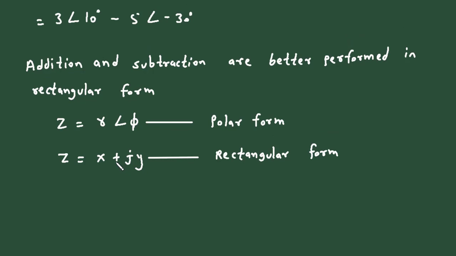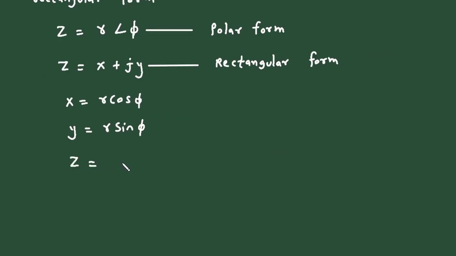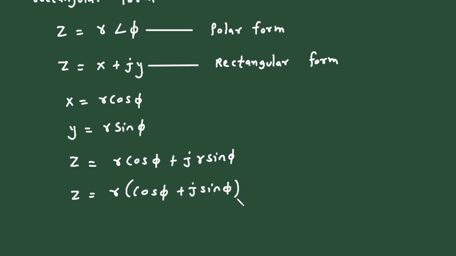We need the value of X and Y. So X is equal to R cos phi and Y is equal to R sin phi. That means Z is equal to R cos phi plus j R sin phi. From here we can take R common. So Z is equal to R in bracket cos phi plus j sin phi. So this is how we can convert from polar form to rectangular form.